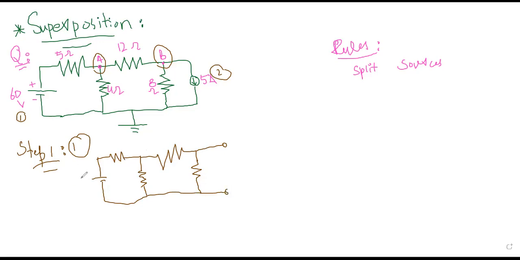Okay, so when I am taking source number 1, it has 60 watt here, and the resistance value 5 ohm here. This is my node point A, node point B.